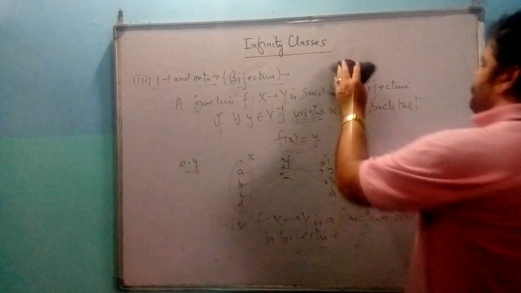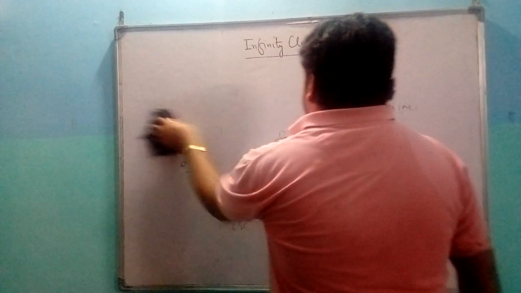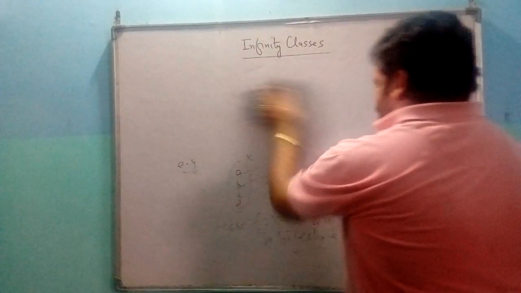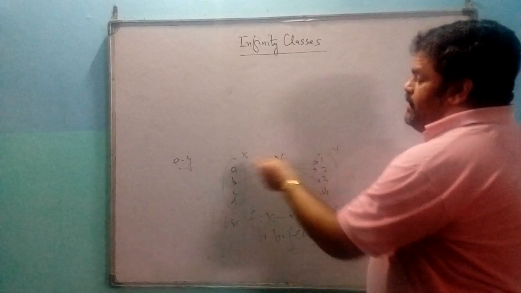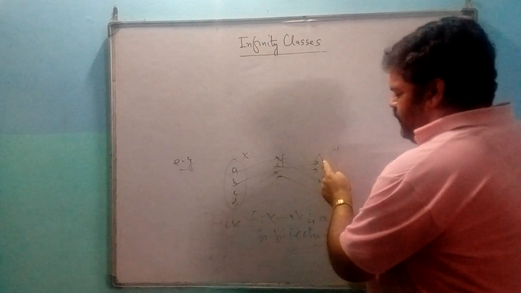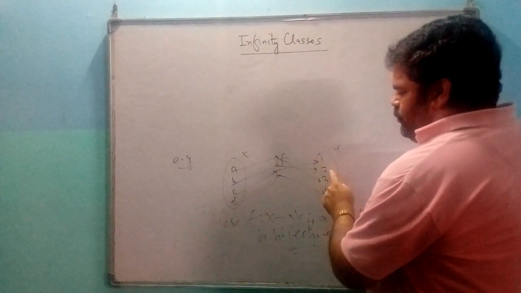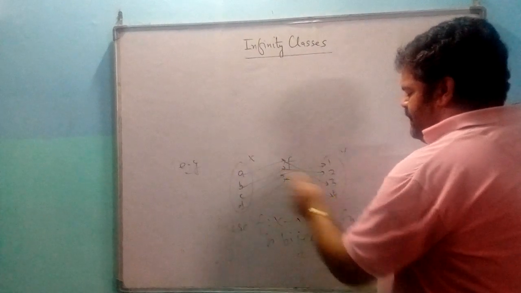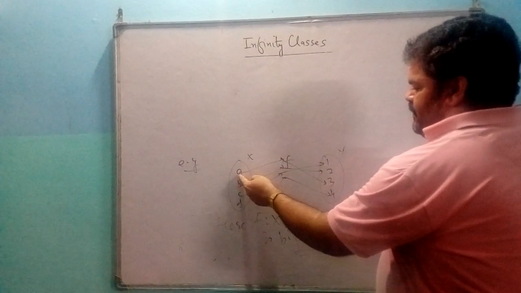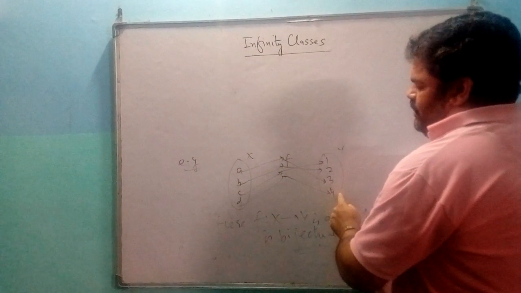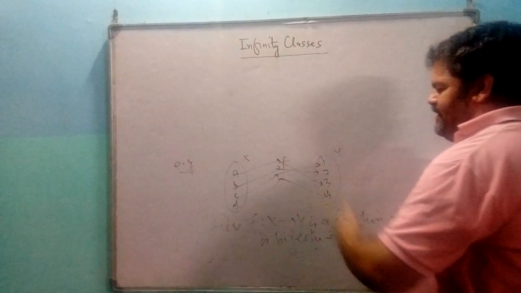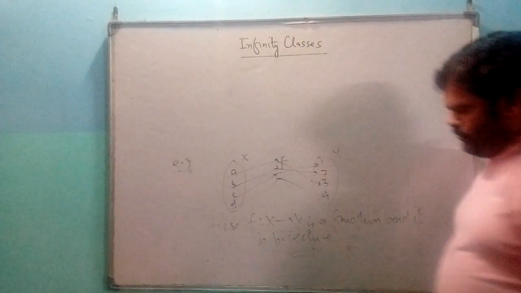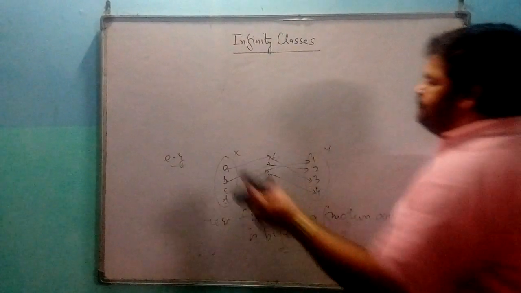Note, bijective कैसे है, क्योंकि each element has a unique pre-image. 1 has only one pre-image c, 2 has only one pre-image b, 3 has only one pre-image a, 4 has only one pre-image d in x. Each element of y has a unique pre-image in x. So this is bijective function.